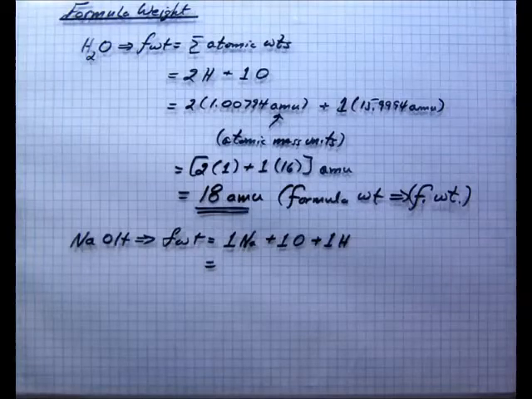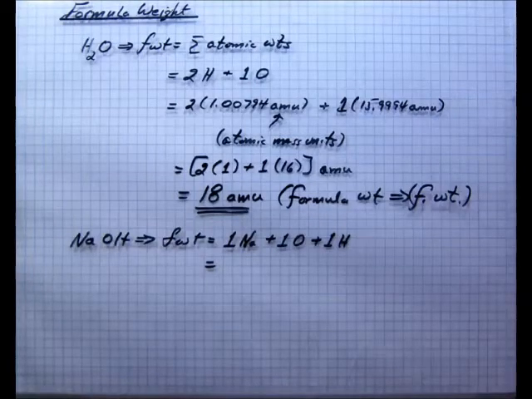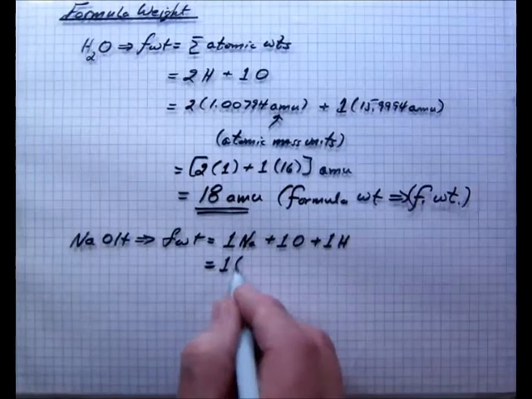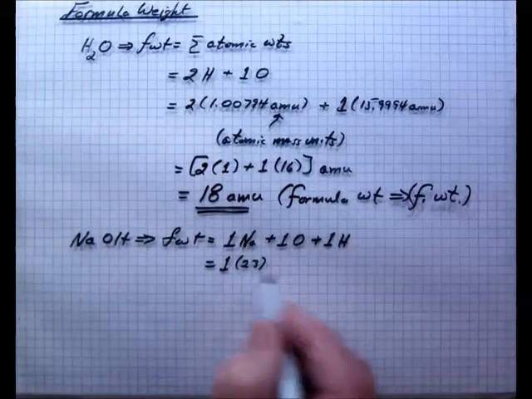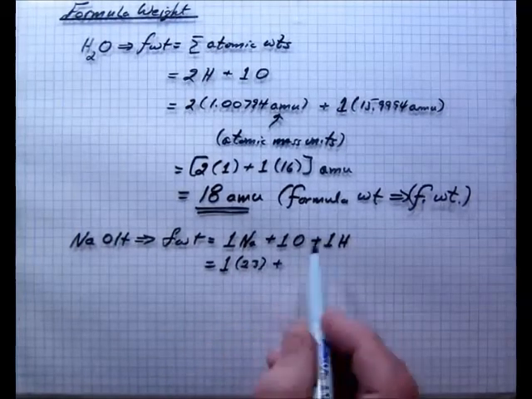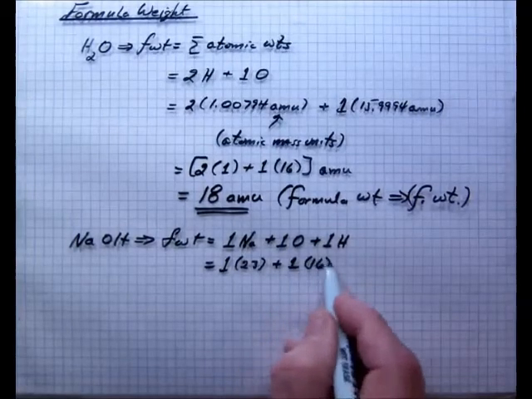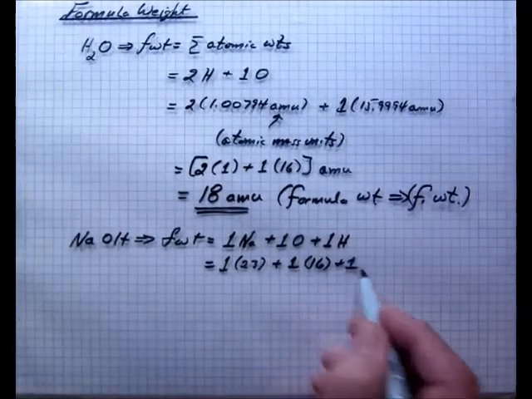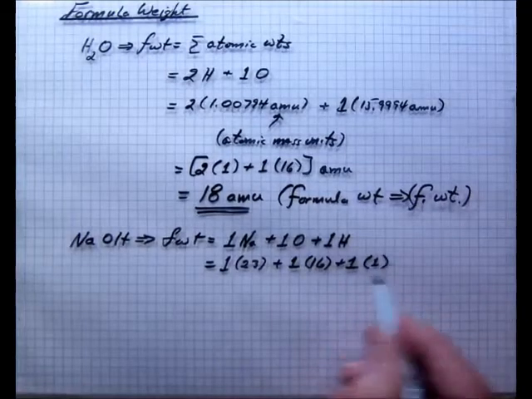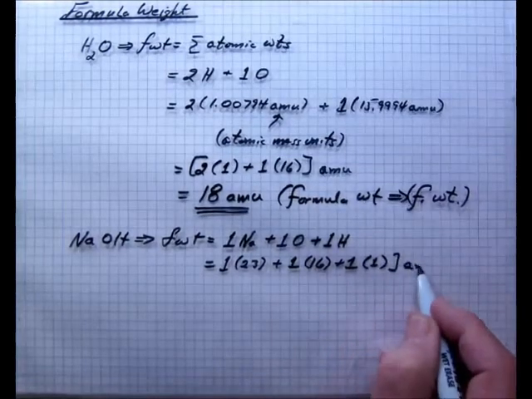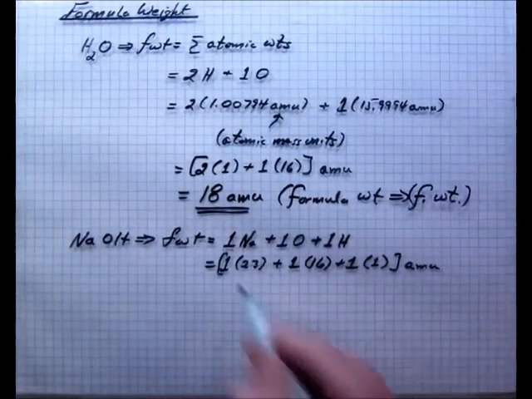The value on the periodic chart that I have for you is 22.9898. Well, I'm just going to put 23 for sodium, and that's atomic mass units. For oxygen again, 16. And for hydrogen, 1 AMU, like that.